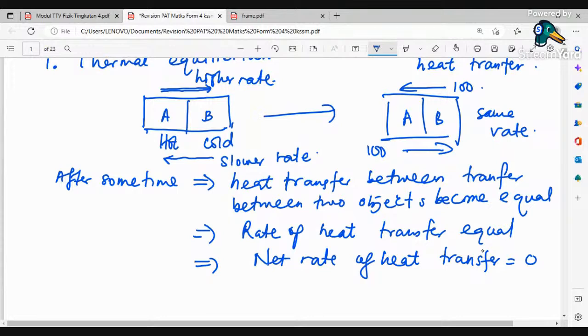If you calculate net, meaning 100 minus 100, that is 0. So we call it net rate of heat transfer 0. What happens to the two objects? Temperature becomes equal. So when this happens, we call it thermal equilibrium. So thermal equilibrium is achieved.